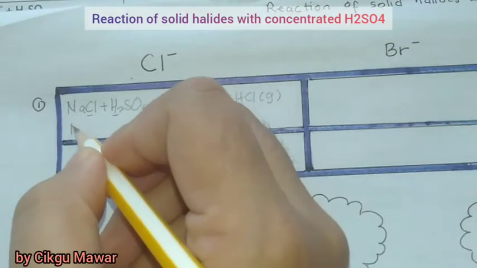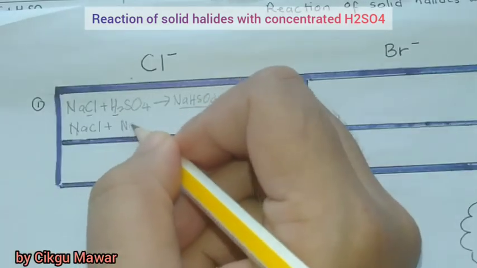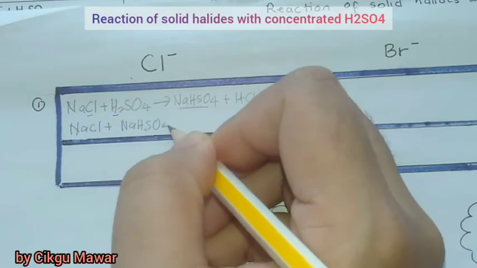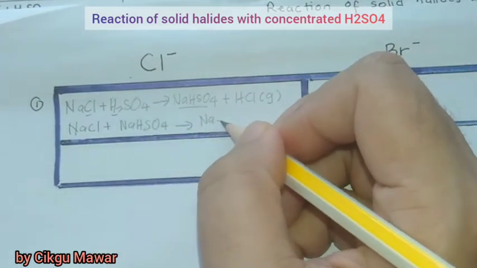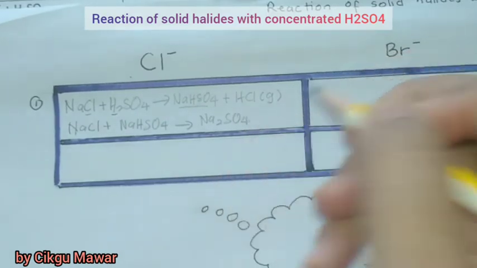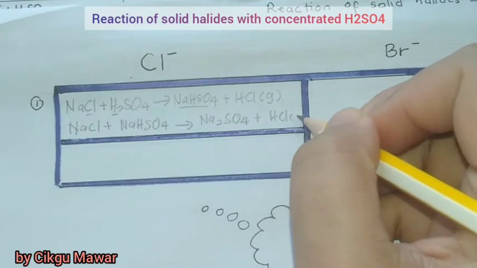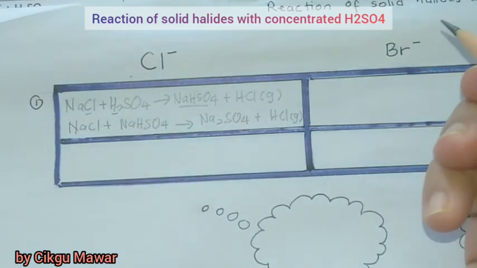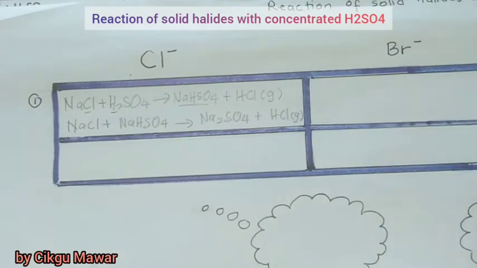We continue with NaCl reacting with sodium hydrogen sulfate to form disodium sulfate plus HCl gas, hydrogen chloride gas. So this is the double displacement reaction.